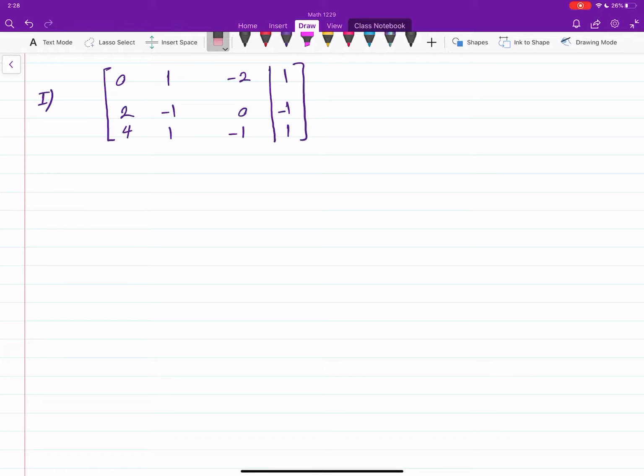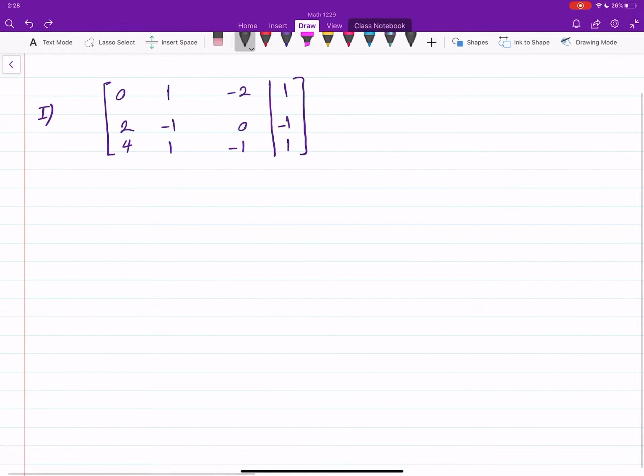Here we move from left to right and we stop when we get to non-zero entries. There are 2 of them. I choose this one to be my next leading one. Yes, so I choose it, then I move it. Where should I move it?